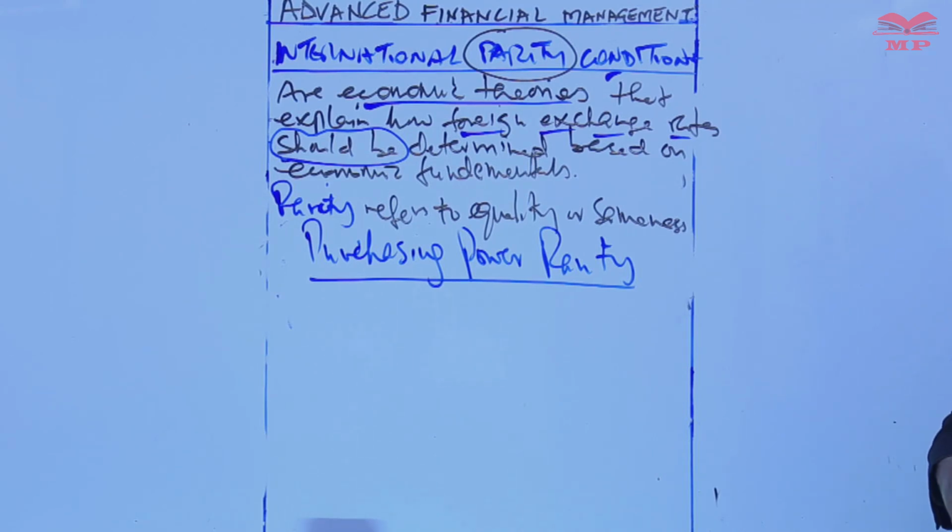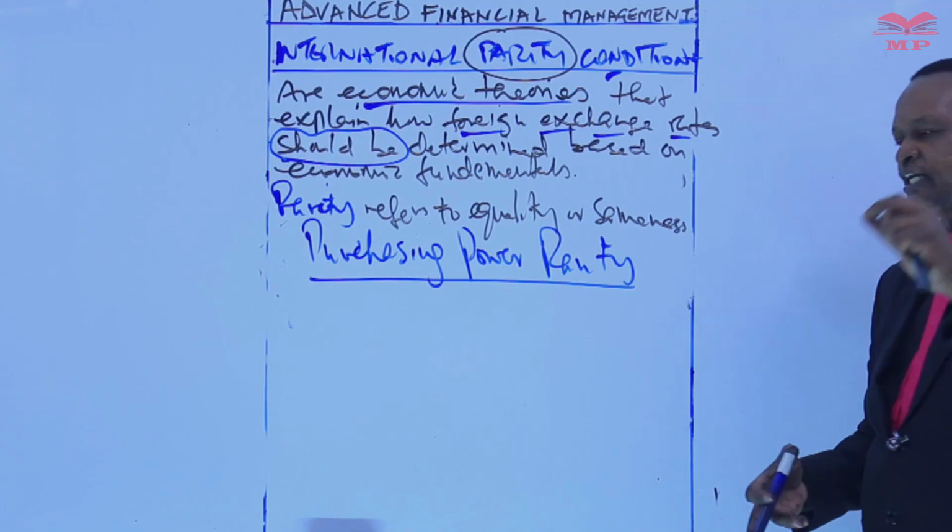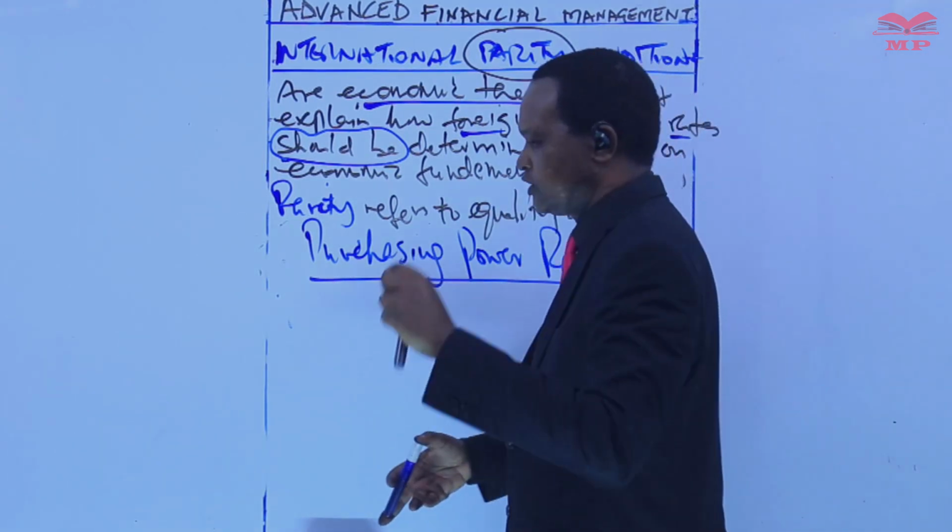It suggests that the price of a good in one country should be the same as the price of the same good in another country when converted to a common currency using the foreign exchange rate.